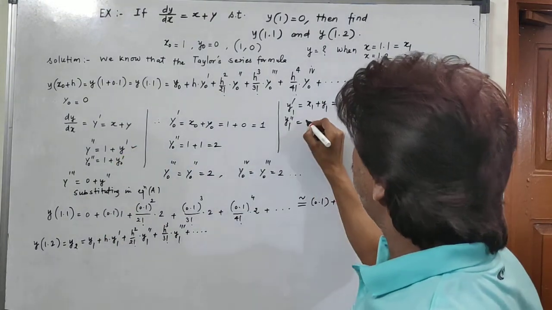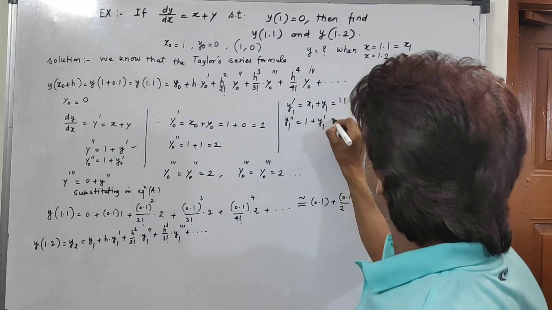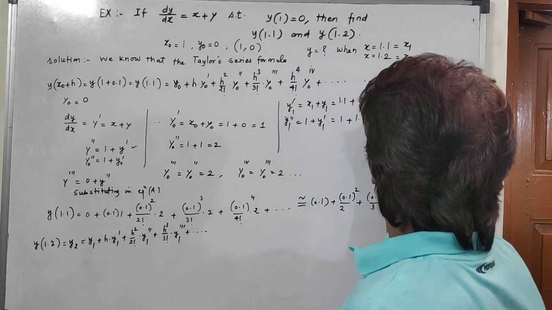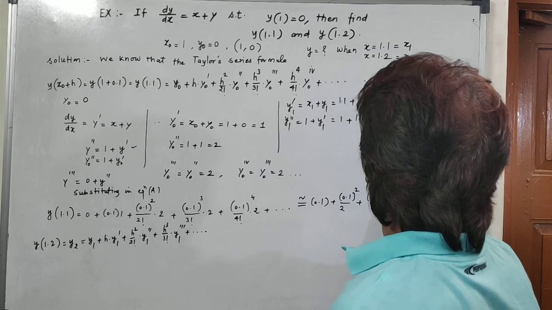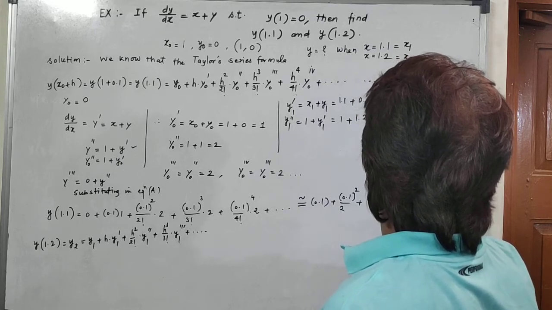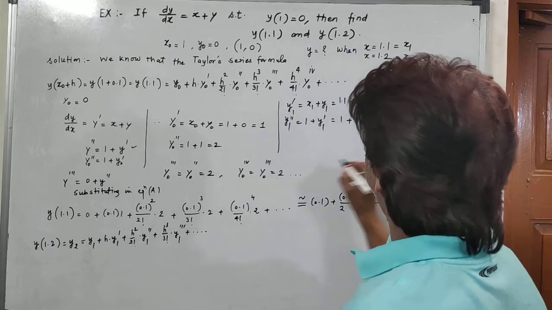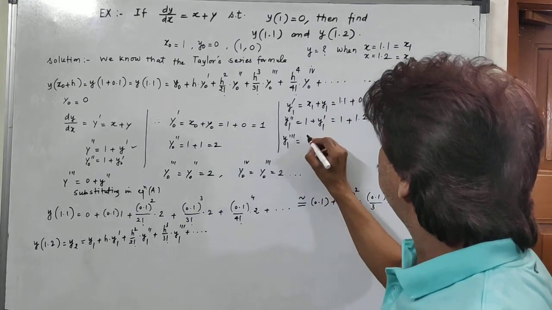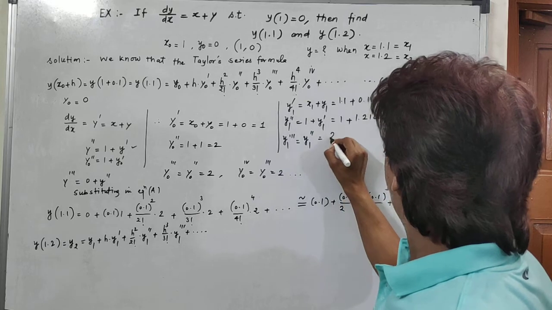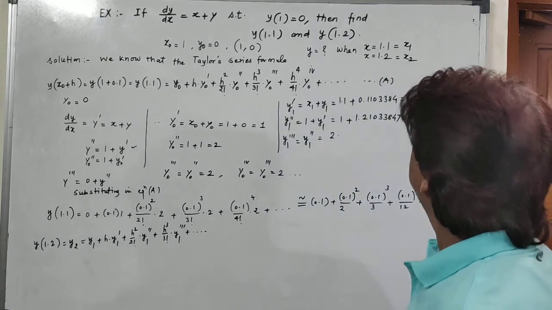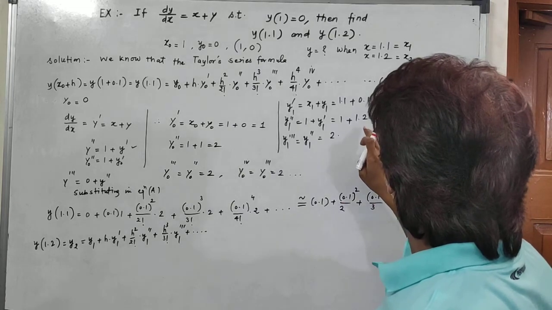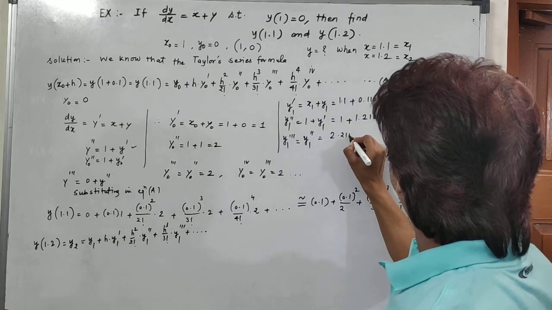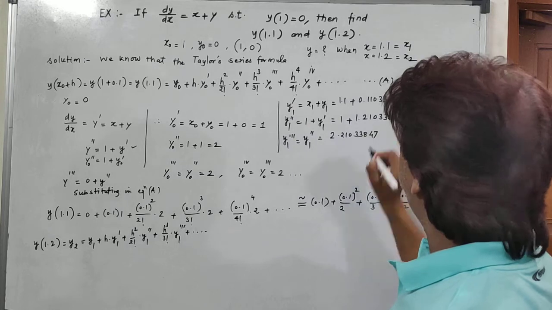So y1 double dash must be equal to 1 plus y1 dash, that is 1 plus 1.210333847, so it is 2.210333847. y1 3 dash is equal to y1 double dash, and that is equal to 2.210333847.